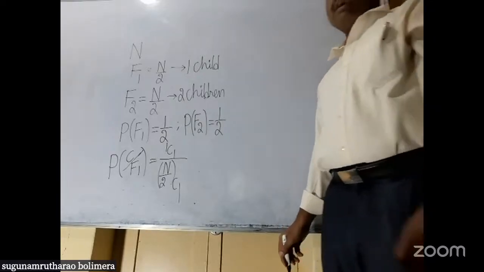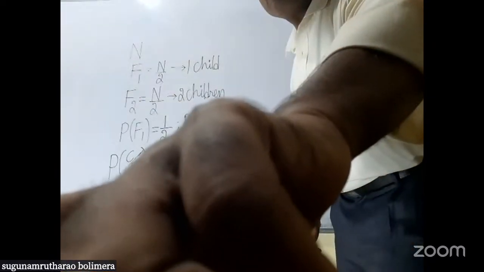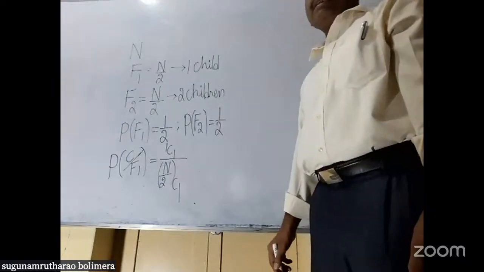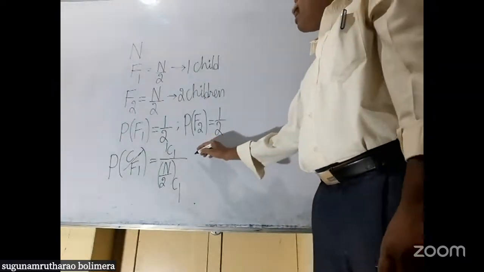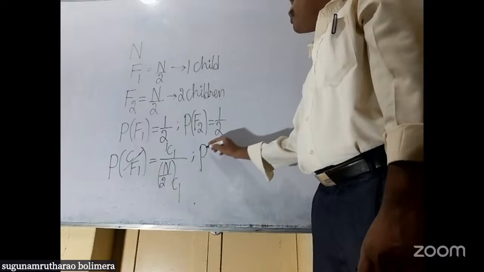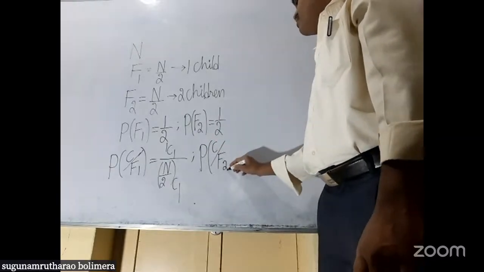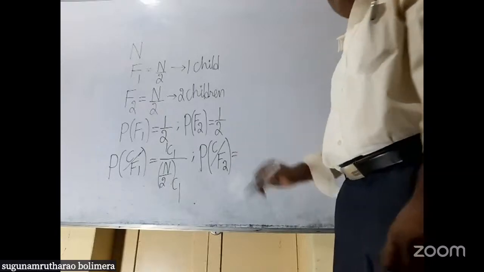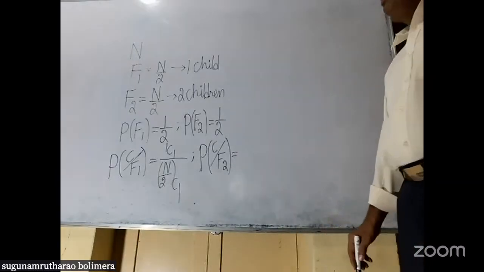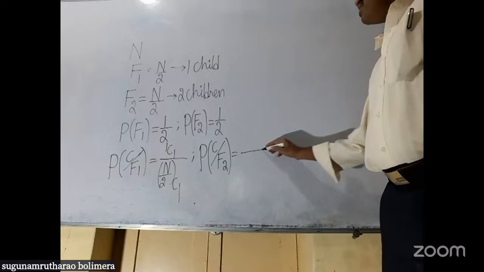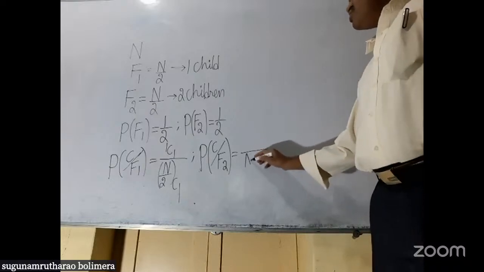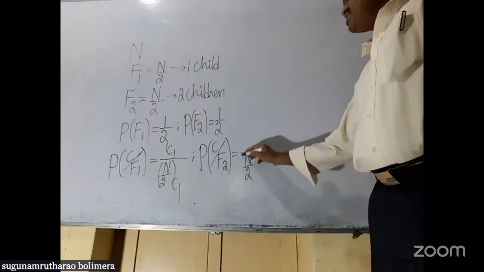And next, probability of choosing a child from F2. Again in F2, you are having n by 2 families.